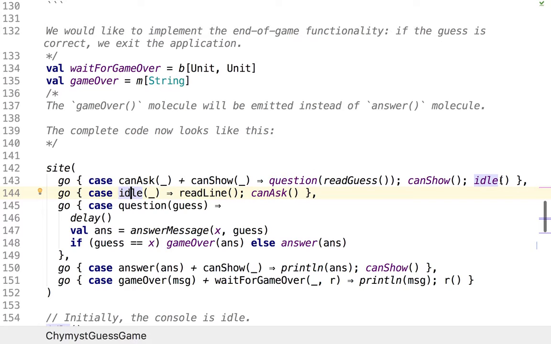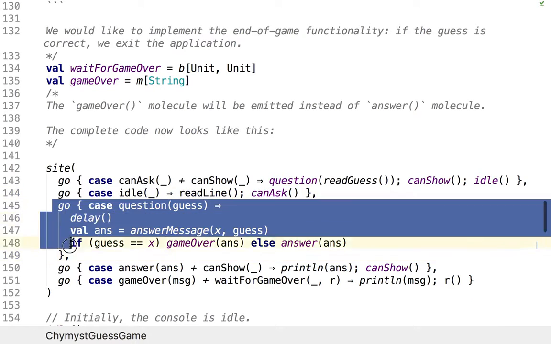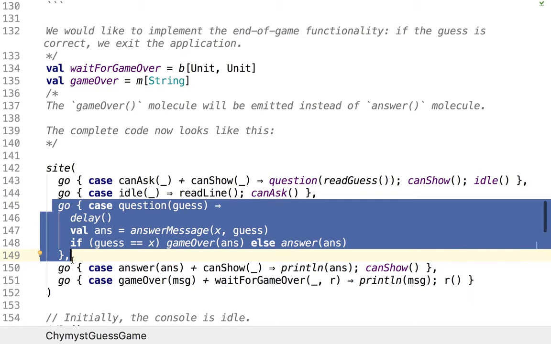The previous reaction must be finished before the next reaction can start, and also can ask is only emitted at the end of this reaction, and so these two reactions never run in parallel. They cannot possibly run in parallel. Whereas this reaction can and will run in parallel with everybody else.